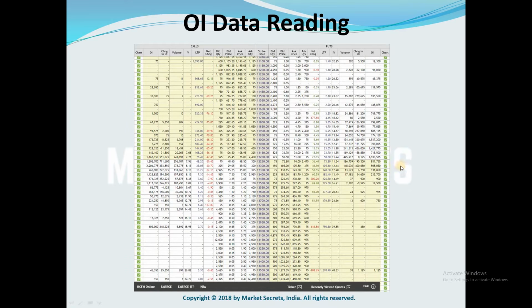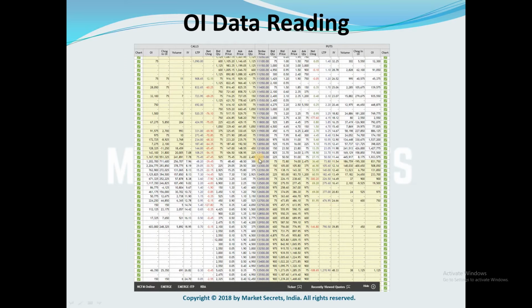Before we get into this, let's see what the different data are in this particular table. The first one is chart, which I generally don't use much, so I'm going to ignore it. The next one is OI, which represents open interest. This table is for Nifty.